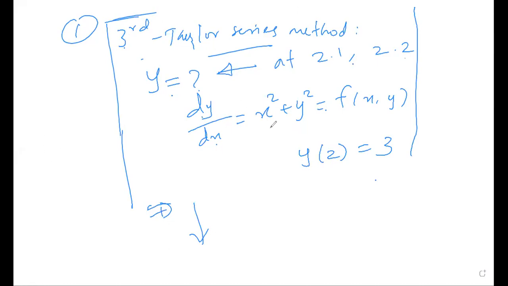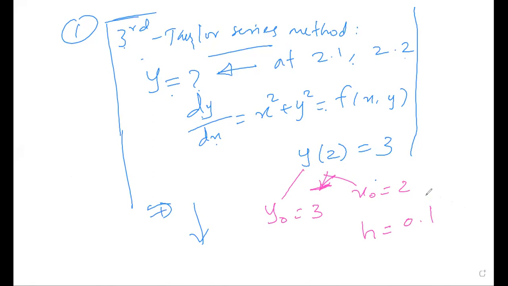They have also given the initial condition: y naught is equal to 3, x naught is equal to 2, and h is equal to 0.1. This much detail is in that question, so analyze it carefully first, then we can start to compute.